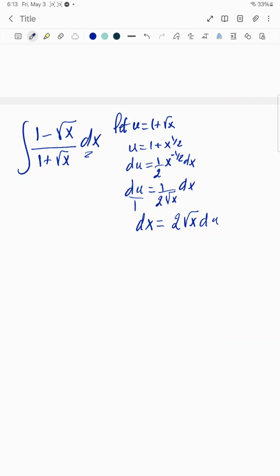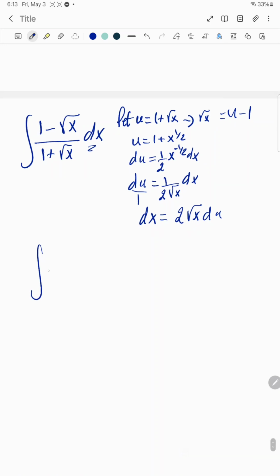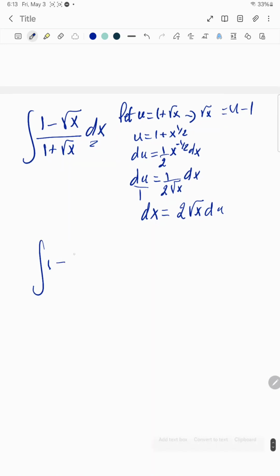Now I look at my numerator. From my u, I can know that square root of x equals u minus 1. So in the numerator, I can replace my 1 minus square root of x by 1 minus (u minus 1).